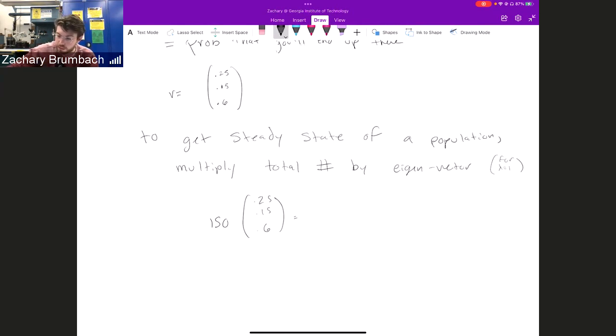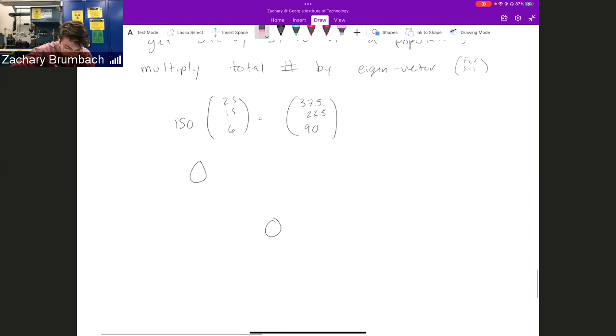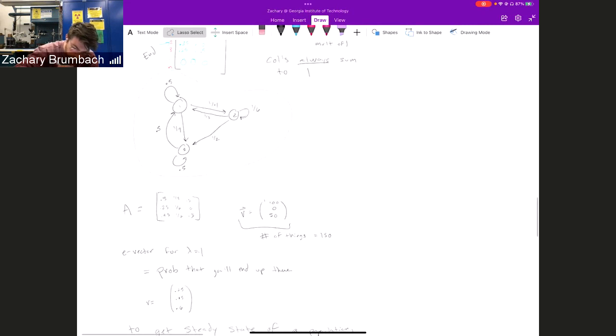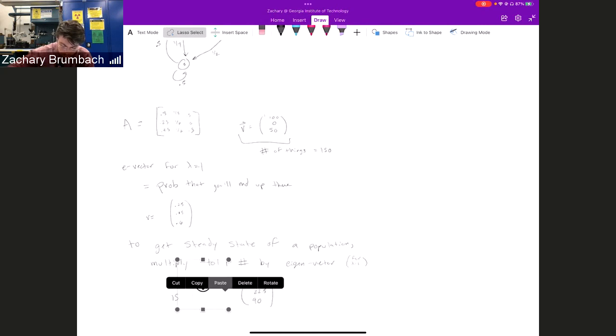Those aren't necessarily pretty numbers, but that's okay. That's 37.5, 22.5, and that's 90, okay? So essentially that boils down to, if I have that same diagram I had up here, I'll just go back to it. Again, this isn't correct because I'm not going to spend the time.